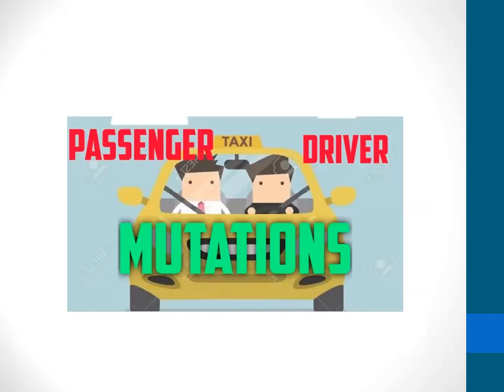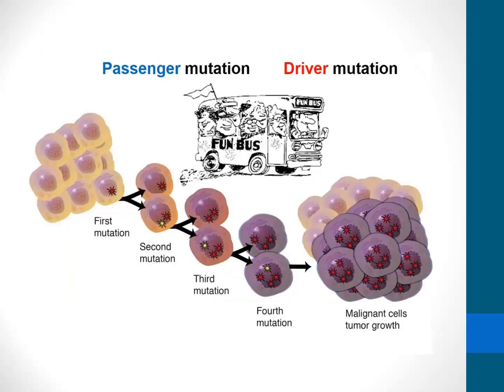Now, there are two other important types of mutations, driver mutations and passenger mutations. Driver mutations are those mutations which drive the cell towards carcinogenesis, or cancer formation. They have a phenotypic effect on the cancer cells. Passenger mutations are just like an audience or the passengers of the bus.